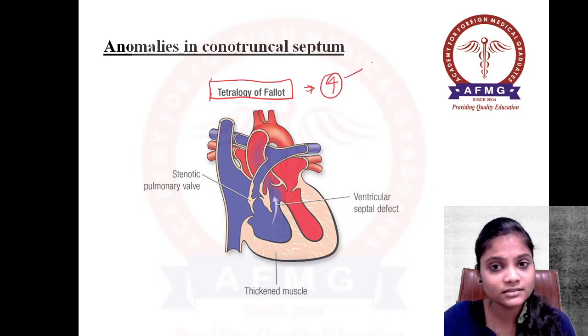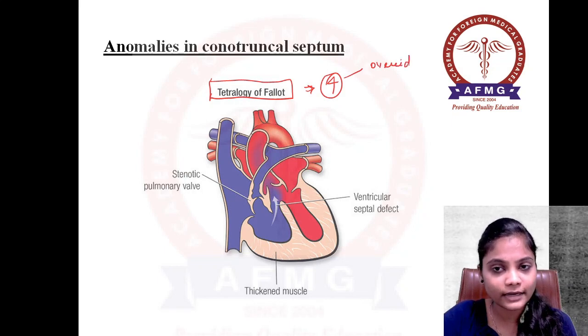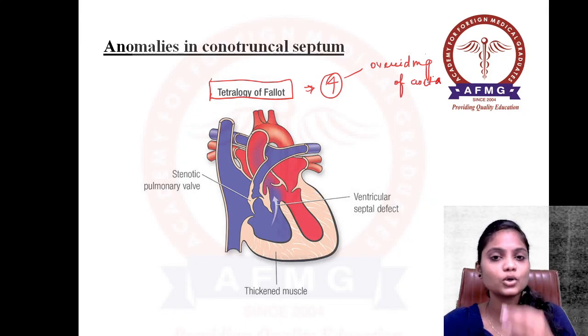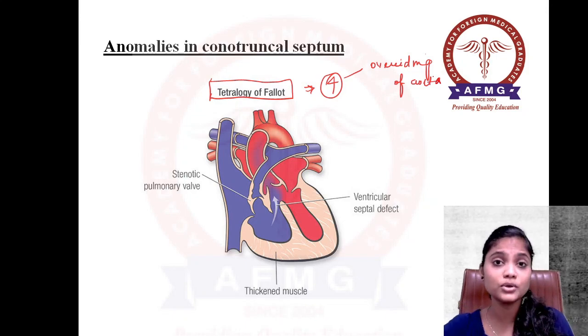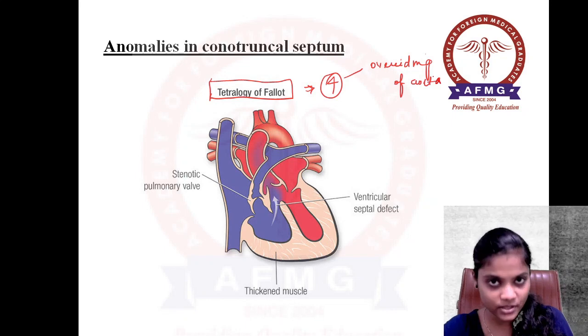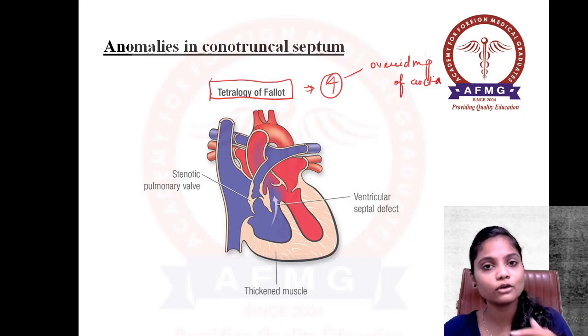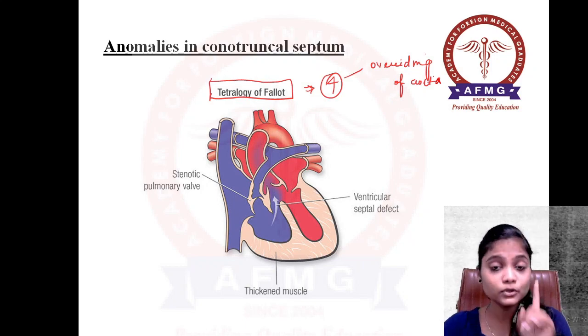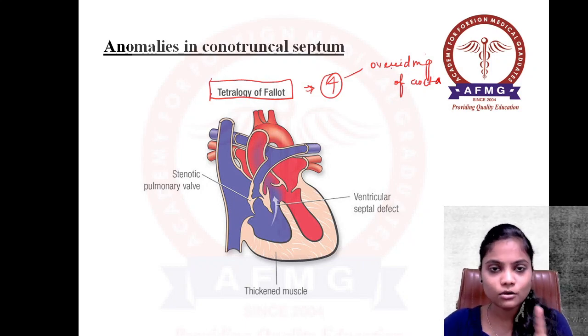What are the 4 things? One is overriding of the aorta. The importance of all these defects is that they could ask you in pathology, in radiology as an image-based question, or in pediatrics also, because these are congenital defects. So you have to know them at any cost. Tetralogy of Fallot, 4 things.